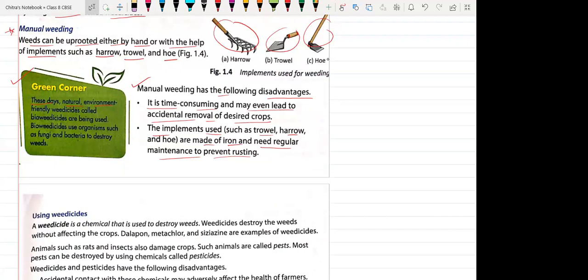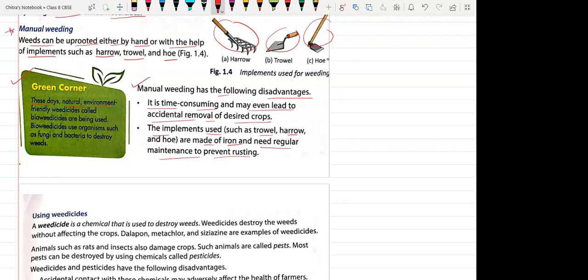And second, the agricultural tools are made of iron, and iron rusts easily. That's why regular maintenance is required for them.